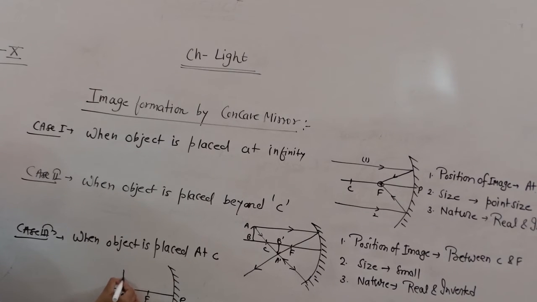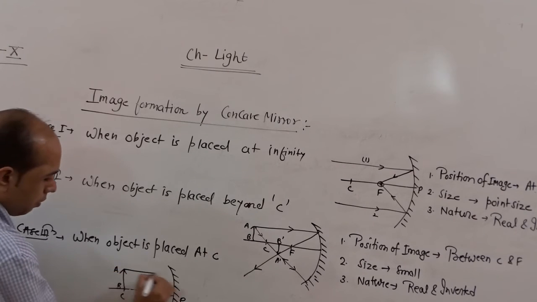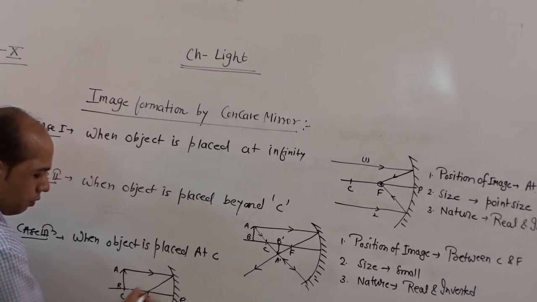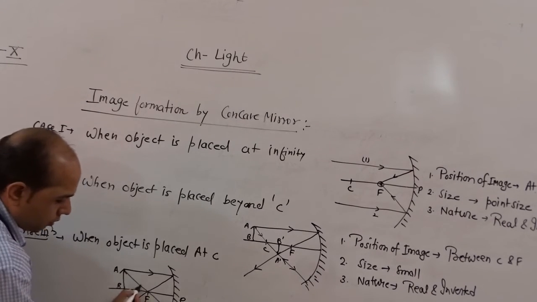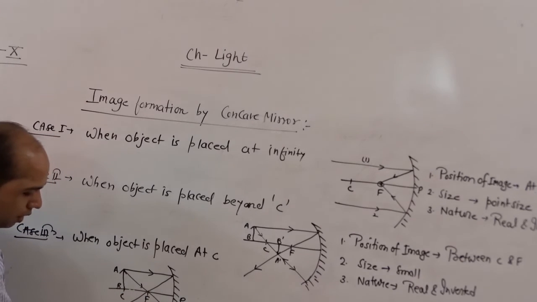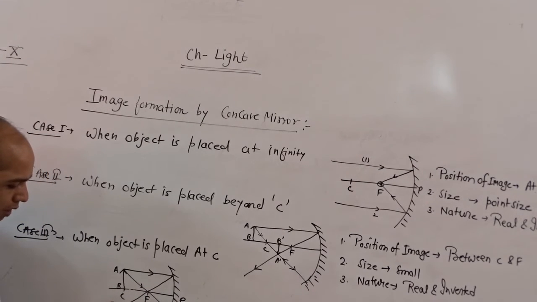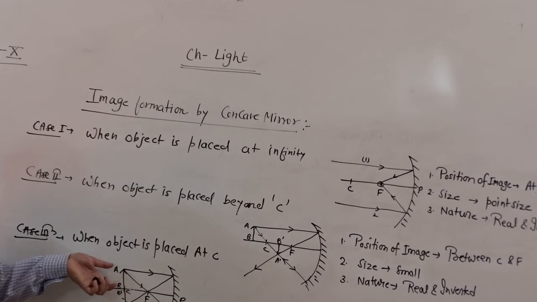So now the object is placed here at C, A and B. So the first ray, parallel to the principal axis, passes through the focus. Now its reverse is also true. That means any ray of light which passes through the focus is parallel to the principal axis. So the second ray passes from focus, so again it is parallel to the principal axis. Now this is the meeting point here. So we draw one more line. So what we observe in this situation, A dash and B dash is equal to AB.